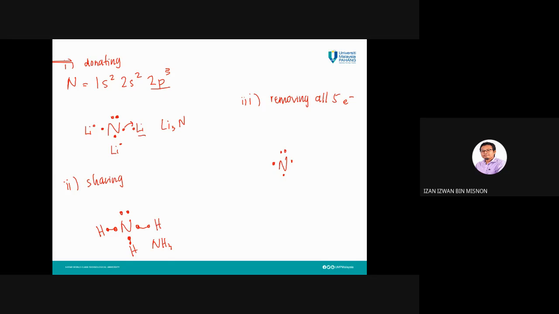In this case, the 2 electrons from 2s2 and the 3 from 2p3 will be eliminated, leaving only the 1s2 electrons. So it will become N5+, and in this case, the oxidation number will be +5.